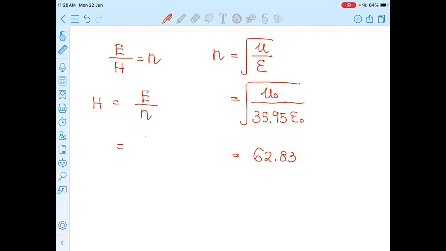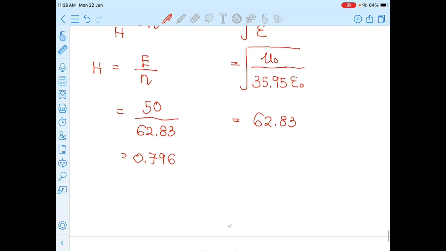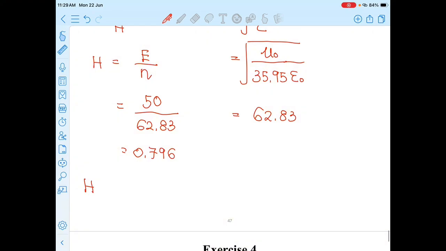For E, according to the question, the amplitude is 50. So divide 50 by 62.83, which is 0.796.